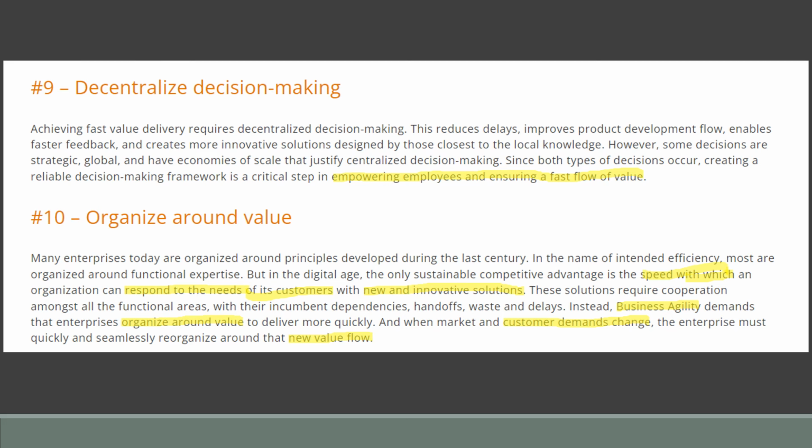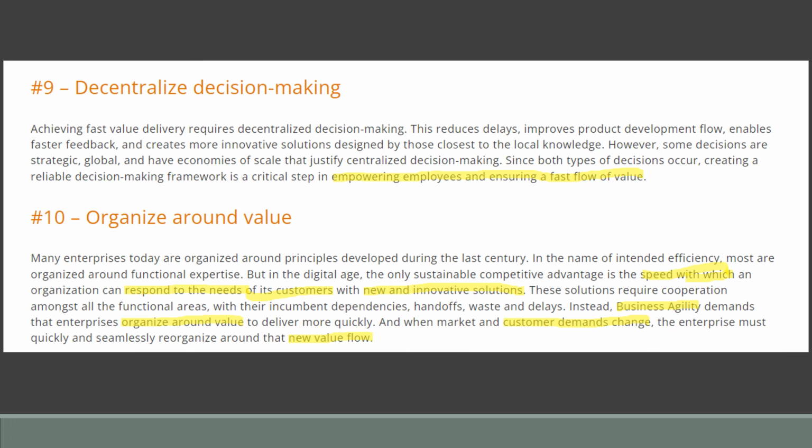The ninth principle is decentralized decision making. We already discussed empowering employees; providing autonomy and purpose will ensure a faster flow of value. Because in decentralized decision making, you are reducing a lot of approval cycles. Centralize only strategic and global matters, where you want to justify the economies of scale.